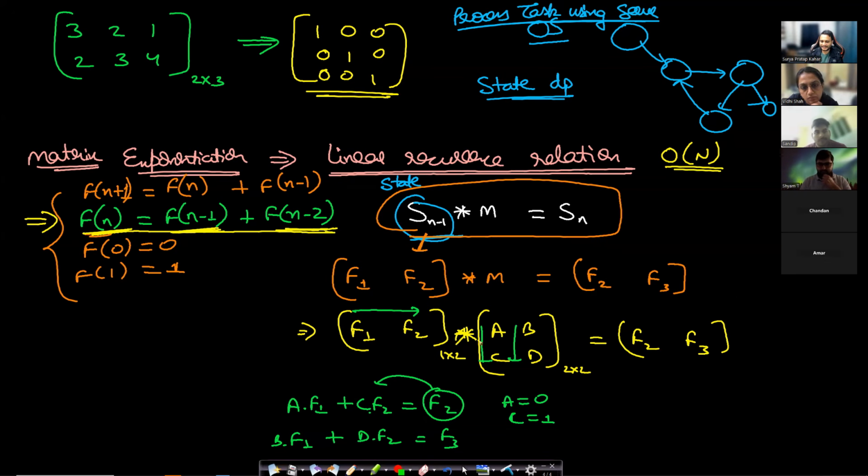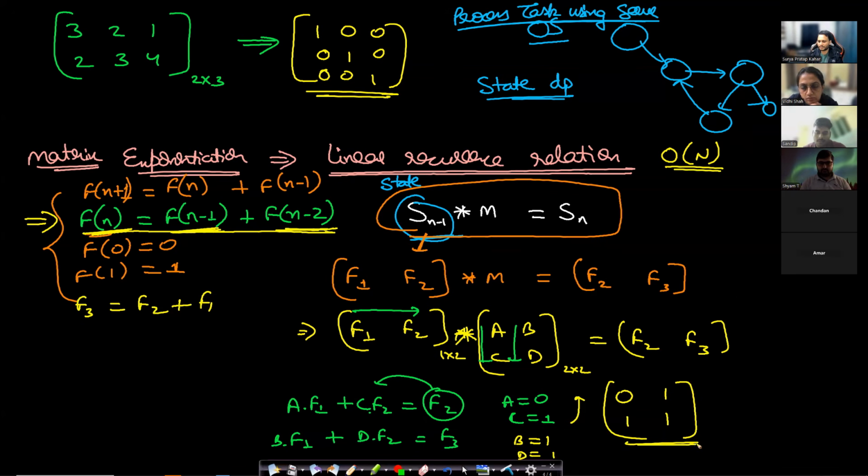Because if we again start comparing, here we cannot compare, but you know from the recurrence relation that F3 equals F2 plus F1. So I can safely assume B to be 1 and D to be 1. So have I found the magic matrix that I was talking about? 0, 1, 1, 1. This is my magic matrix.